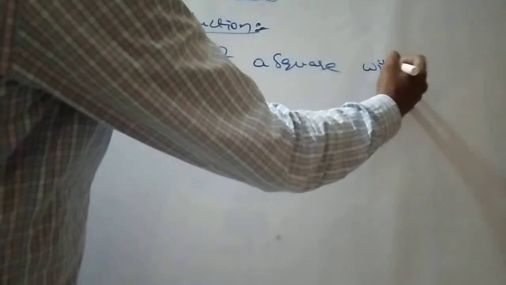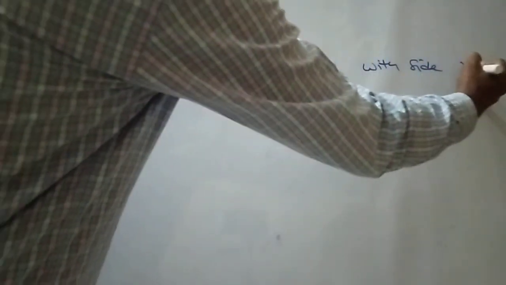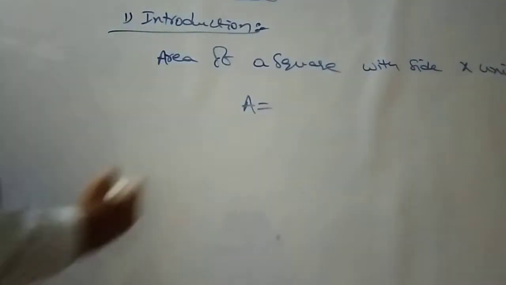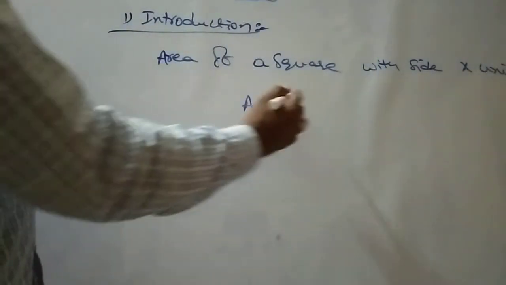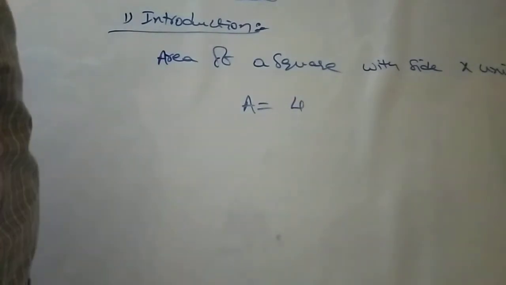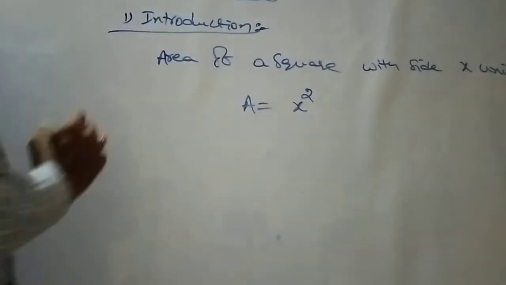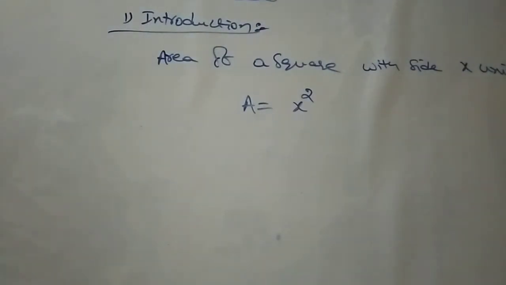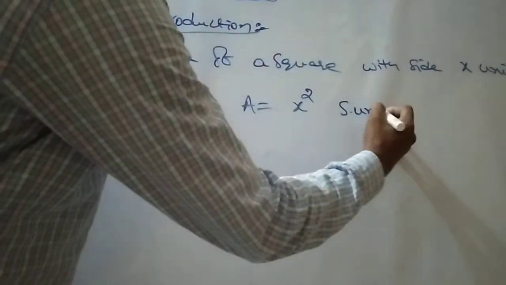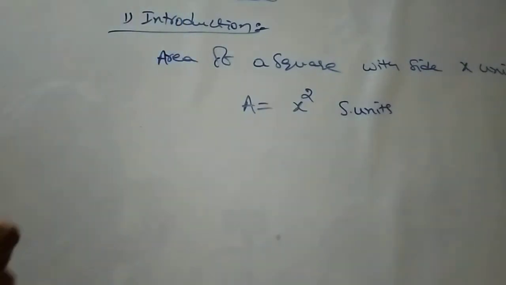Area, generally denoted with A, is x power 2 square units. Units you should write compulsorily: x square units.